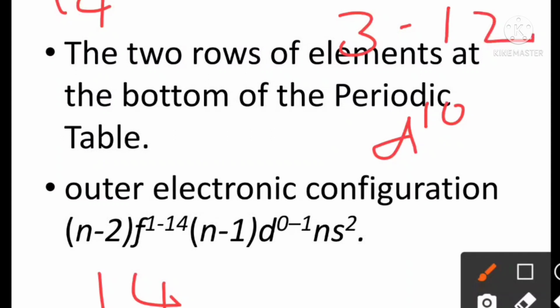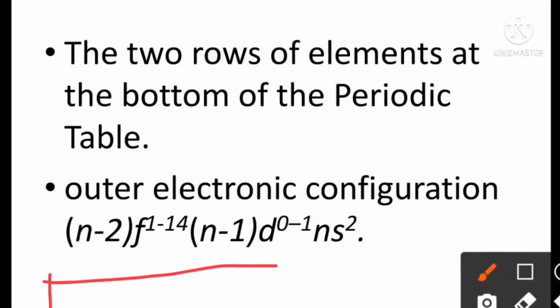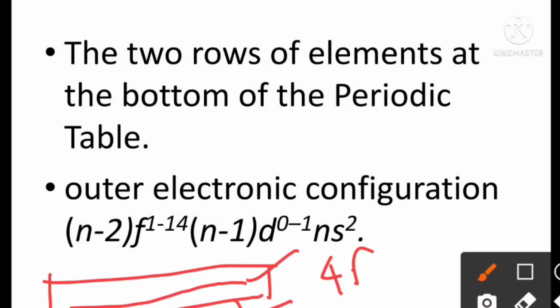In the F block elements, there are 2 rows of elements at the bottom of the long form of the periodic table. Among these, the first series is called 4f block elements and the second series is called 5f block elements. 4f block elements are otherwise called lanthanoids. 5f block elements are otherwise called actinoids.